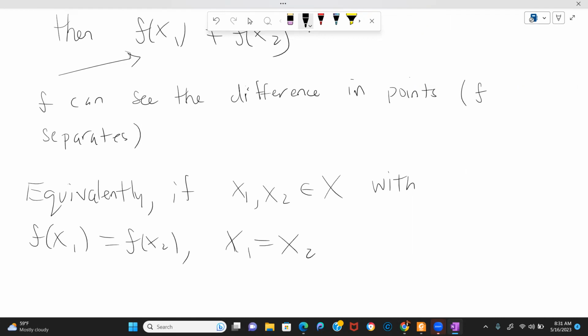They have to be the same point. So if you take two points in the space, x1 and x2, and you're told that their outputs are the same, then you can conclude that the points actually have to be the same. So this is another way of thinking about injectivity or one-to-one.